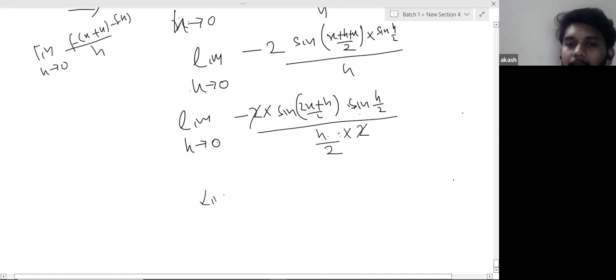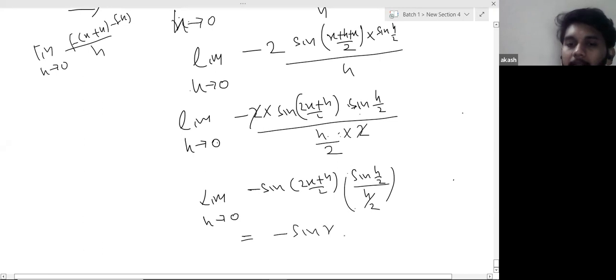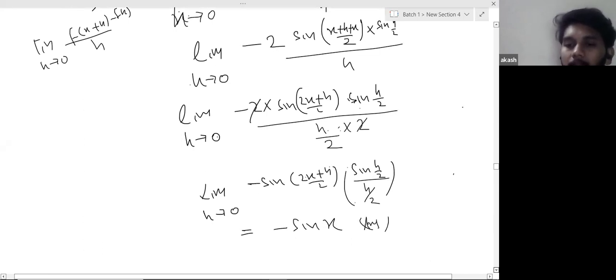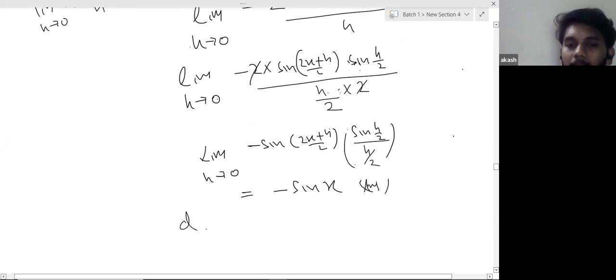So this quantity is 1. The final answer will be minus sine x, because if you put h equals 0, 2x upon 2 is x. This is the answer. So differentiation of cos x with respect to x is minus sine x.